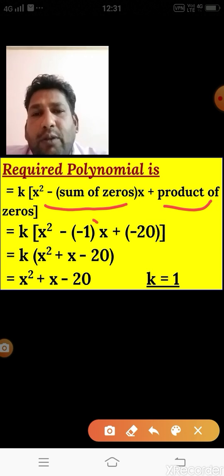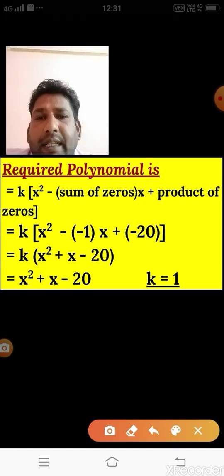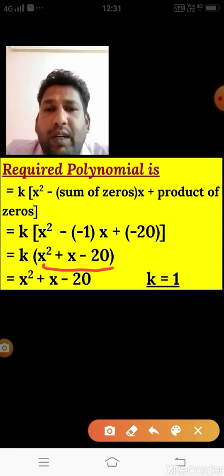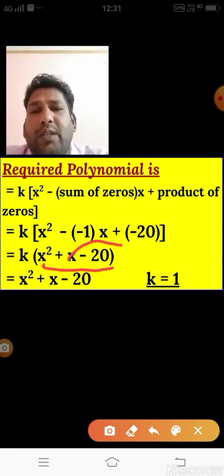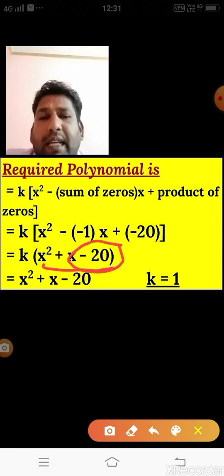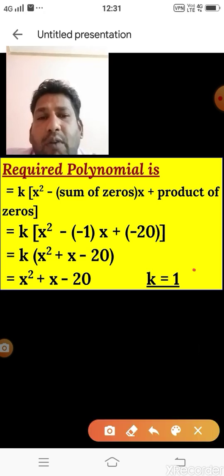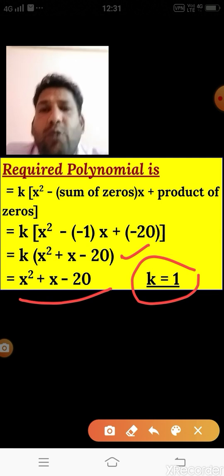And if you are putting the values of sum and product, and on solving we are getting x square plus x minus 20. Minus 1 into minus, we are getting +1, and 1 into x is x, and plus into minus we are getting -20. Then x square plus x minus 20. And if you are substituting the value of k as 1, then this becomes x square plus x minus 20. This is the required quadratic polynomial.